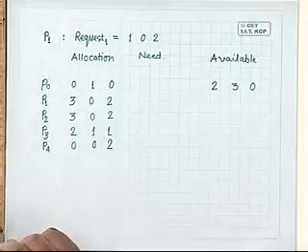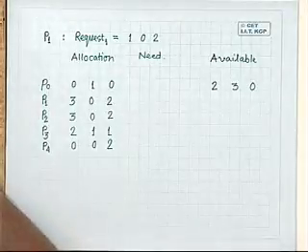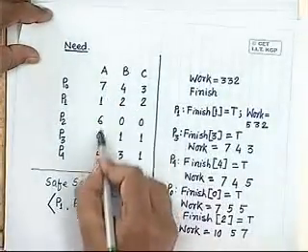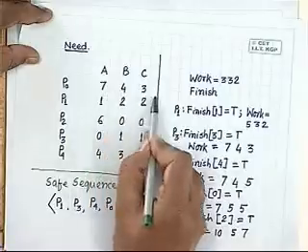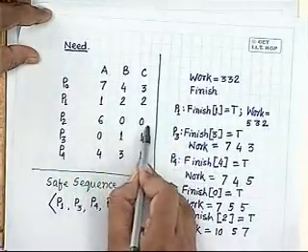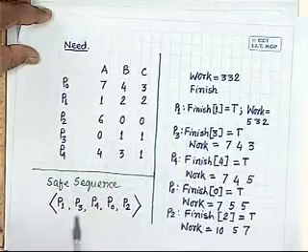The other data structure that is modified is need. In our previous state, the need vector was: for process P0, 7, 4, 3; for P1, 1, 2, 2; for P2, 6, 0, 0; for P3, 0, 1, 1; for P4, 4, 3, 1.